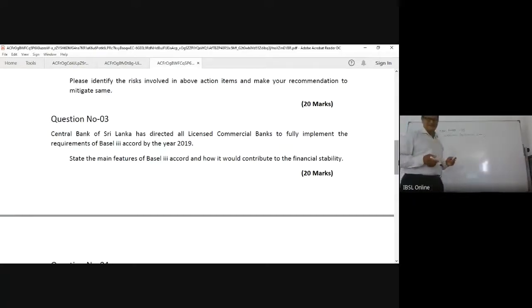Basel 3 has different purposes. Basel III is to actually enhance the quality and quantity of capital.